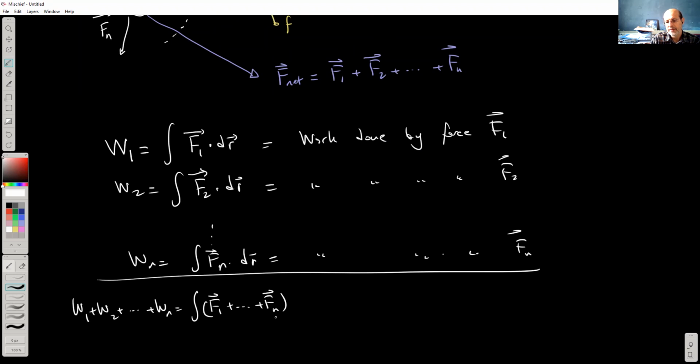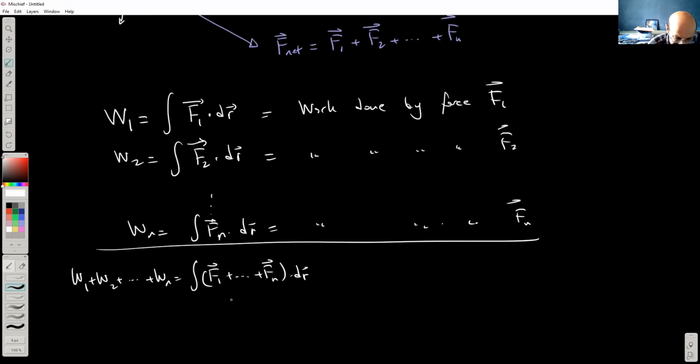Fn dot dr. So this integral is also added up, but I know that the sum of all of these works done is basically the net. I'm adding all of these integrals, right? Since in all of these integrals the displacements are the same but the forces are different, I can do a summation of the forces first, and then take the dot product with the displacement.